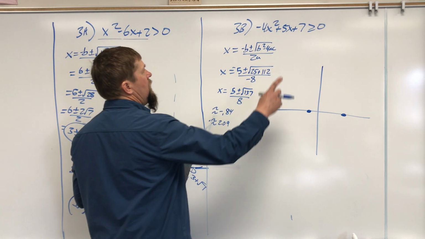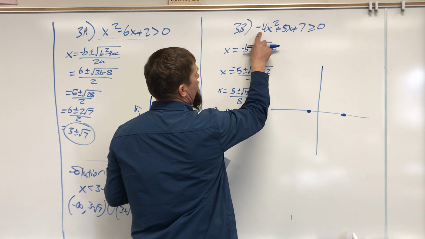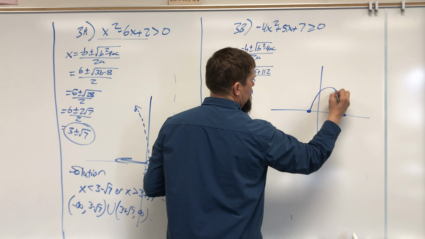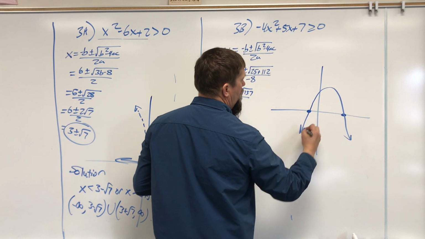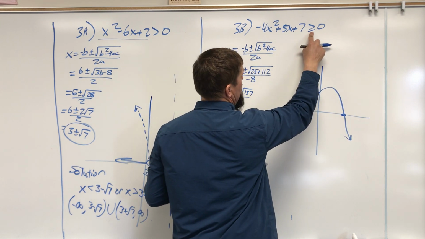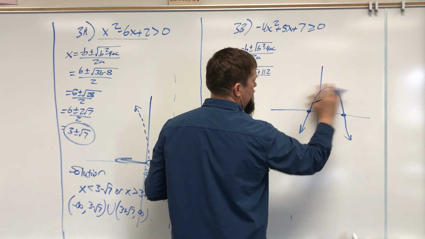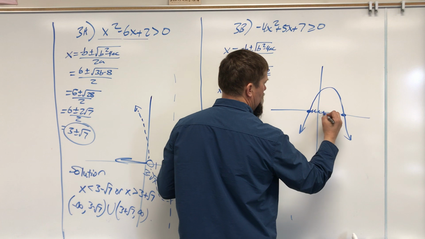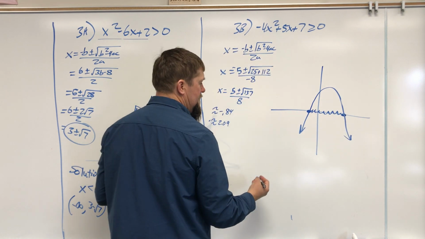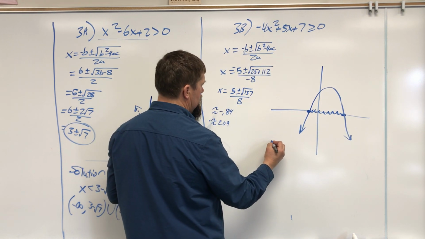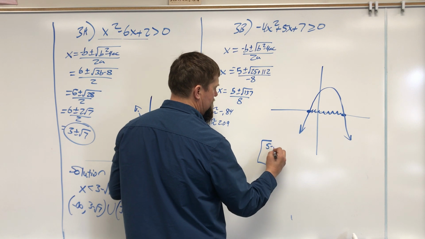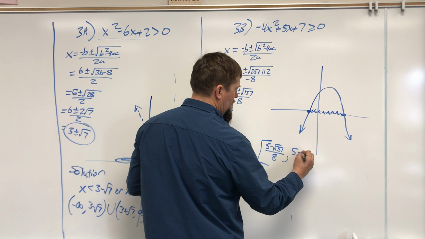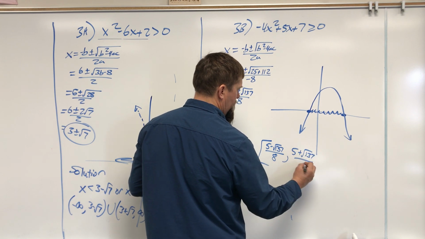Now, this time my graph opens down because a is negative, so it's going to look like this. Where is the graph greater than 0? The graph is greater than 0 in between, because that's where it's above the x-axis. So now all I need to know is my two solutions. My two solutions are 5 minus the square root of 137 over 8 and 5 plus the square root of 137 over 8.